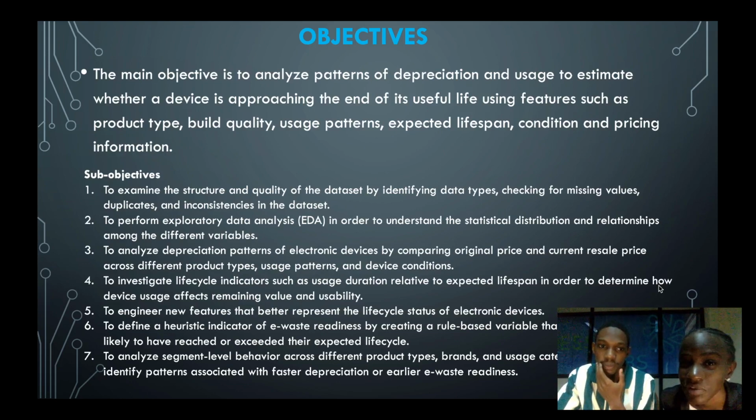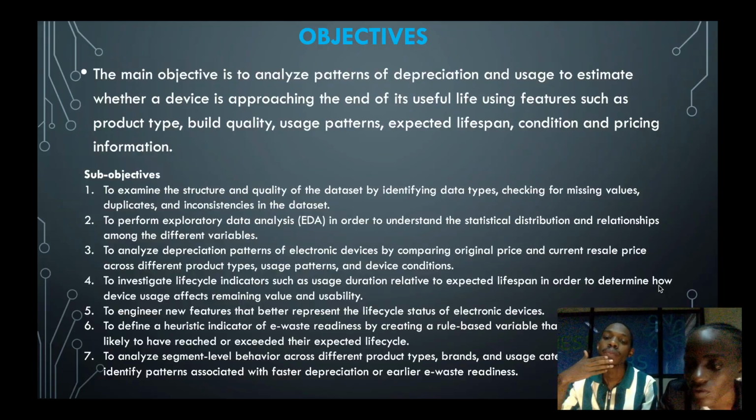So we need to understand how these variables are related, how one affects the other. So we do that through exploratory data analysis. Then we need to analyze the depreciation patterns of electronic devices by comparing original price and current resale price across different product types, usage patterns, and device conditions.